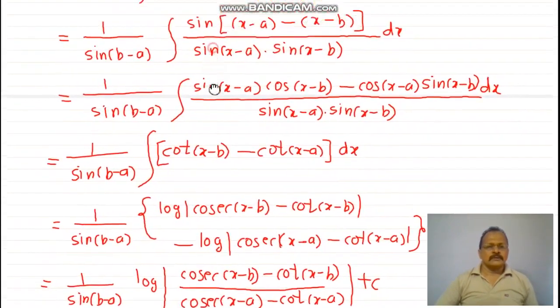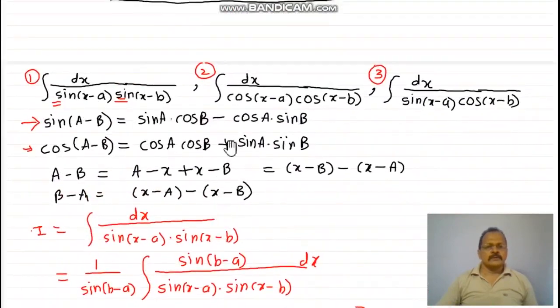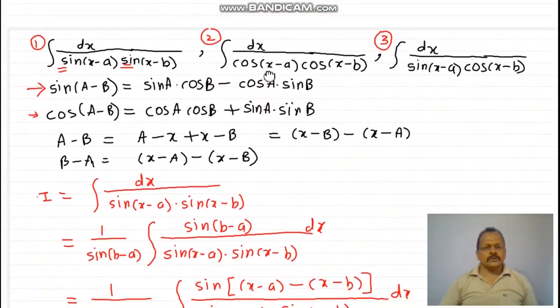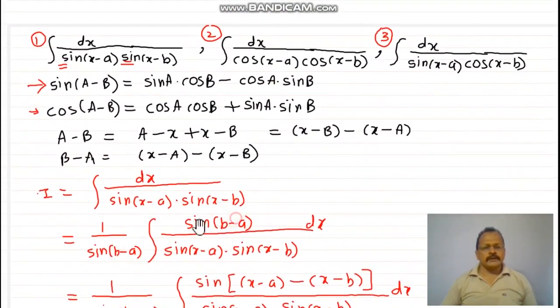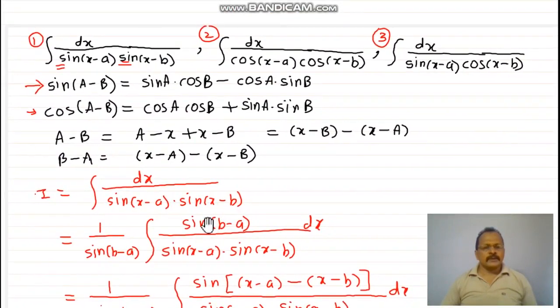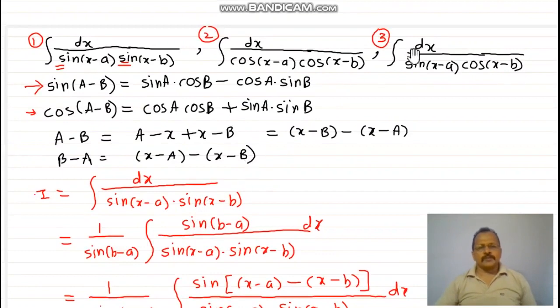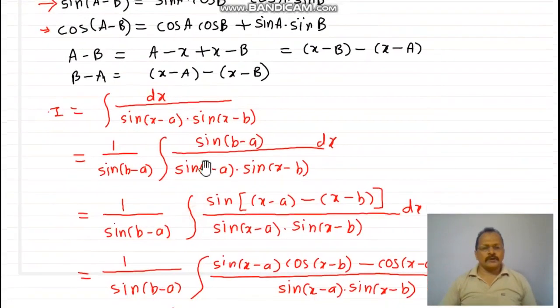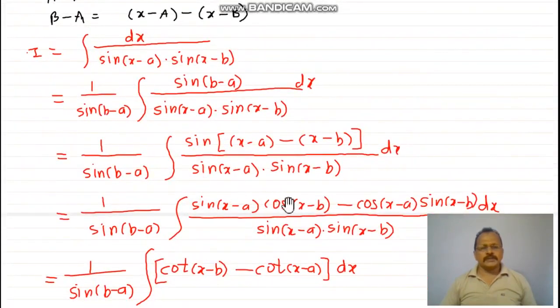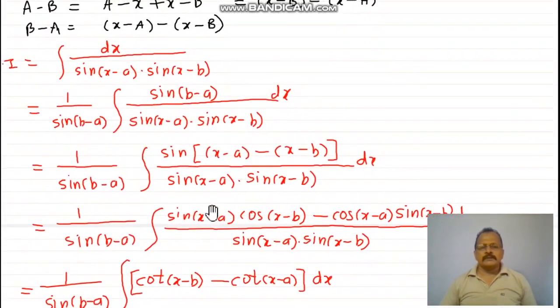Now for this problem also, multiply and divide like the previous problem by sin(b minus a), and for this problem, since it is a combination of sin and cos, I want here the combination of sin sin and cos cos.